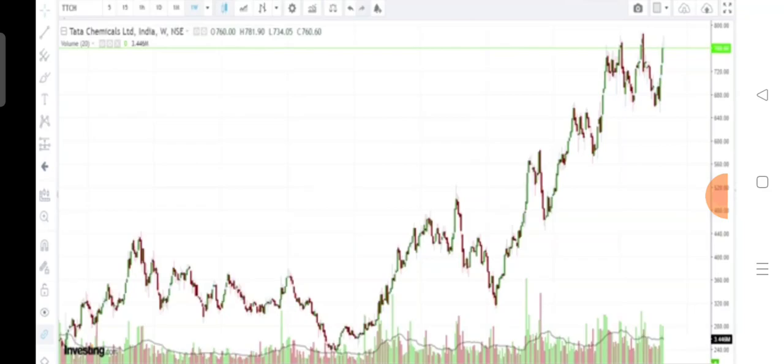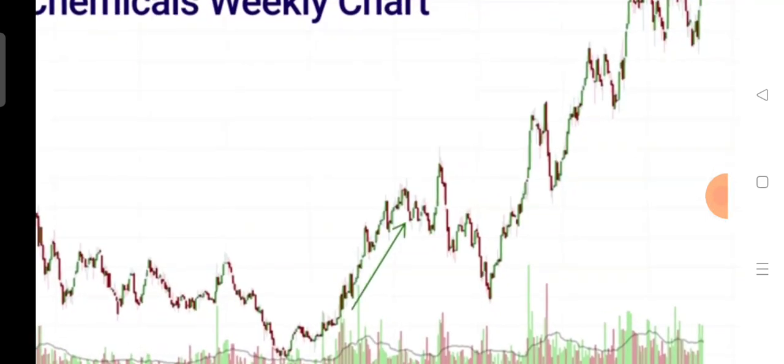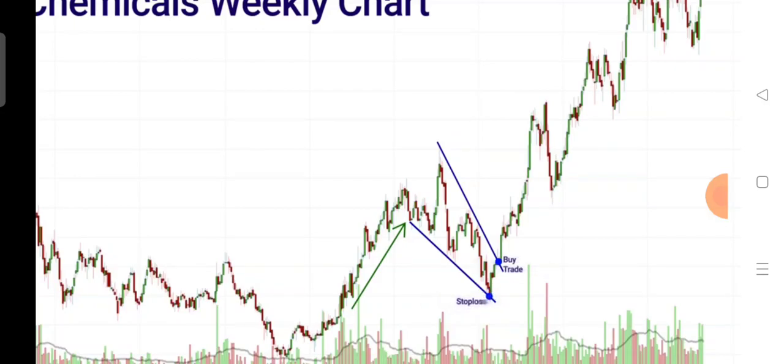Here we are looking at the chart of Tata Chemicals, a weekly chart. First we can see that there was an up move, then this wedge was formed, with converging lines in this correction, and once this boundary was breached, one should have taken a buy trade with a stop loss below the lower boundary.